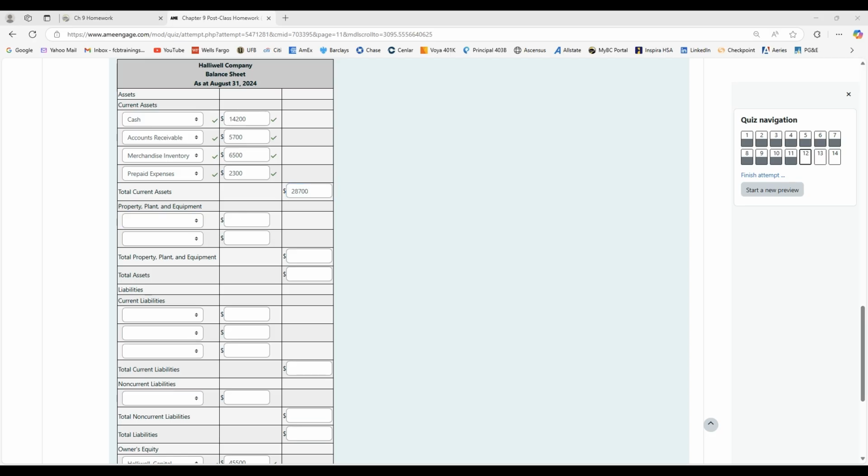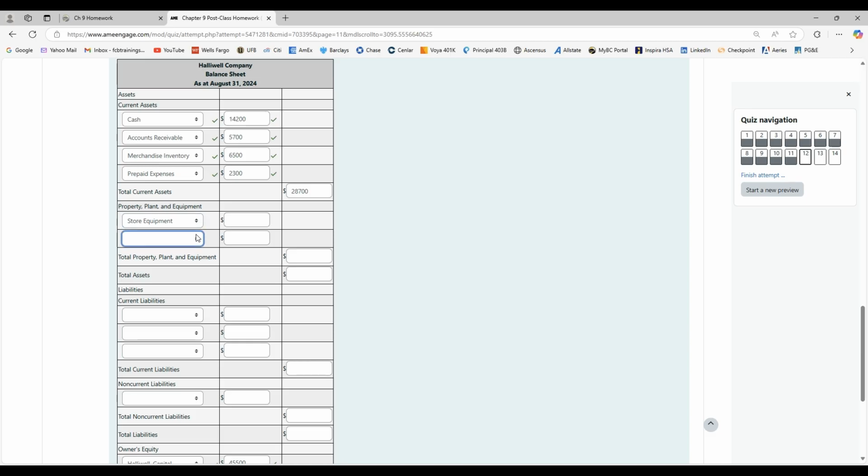And then plant, property, and equipment. We have store equipment with some depreciation. I guess maybe if we saw that it was accumulated depreciation equipment, that would have helped us understand that it sells equipment, I guess. So let me find where's my equipment?